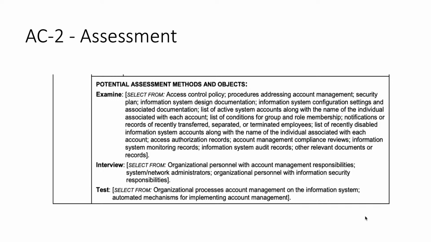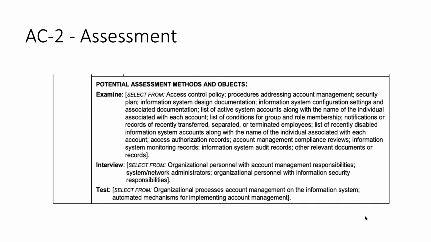I like to jump down to a list of active system accounts along with the names of the individuals associated with the accounts, a list of conditions for group role memberships, notifications or records of recently transferred, separated, or terminated employees, a list of recently disabled information system accounts along with the name of each individual associated, access authorization records.